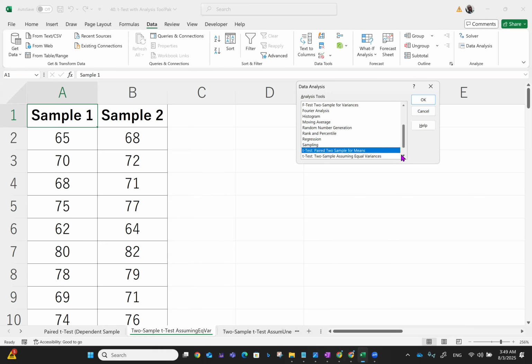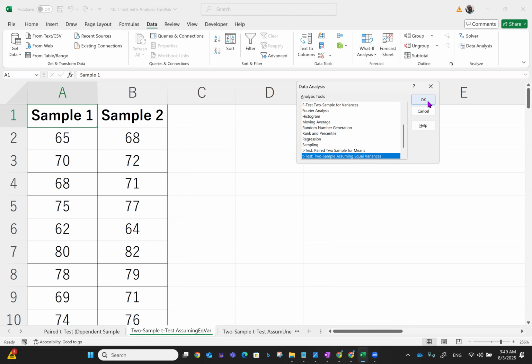Mind you, we are no longer going to use paired two sample for means, because we are talking about two different groups. In the first case, we have the same group administered the test before and after, but here we have two different groups administered the same test. So we say two samples assuming equal variances, because that's talking about homoscedasticity.